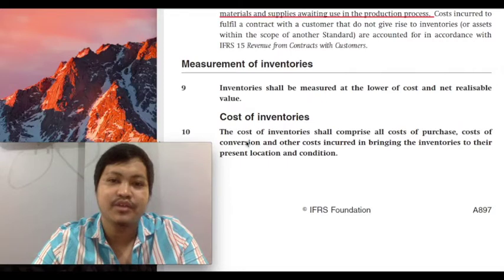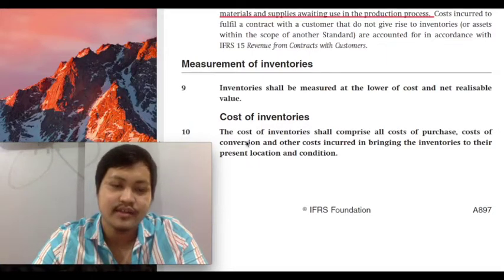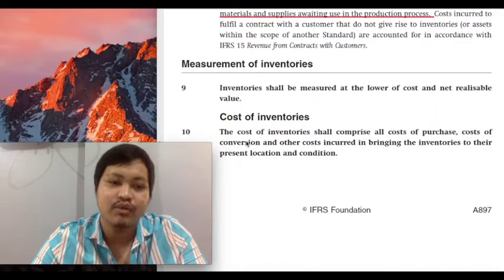And that is why the measurement for inventories would be the lower between the cost and the net realizable value. So, to make it clear, class, if you will be asked at what amount should inventories be initially recognized, at what amount should inventories be initially measured, your answer would only be it is measured at cost.